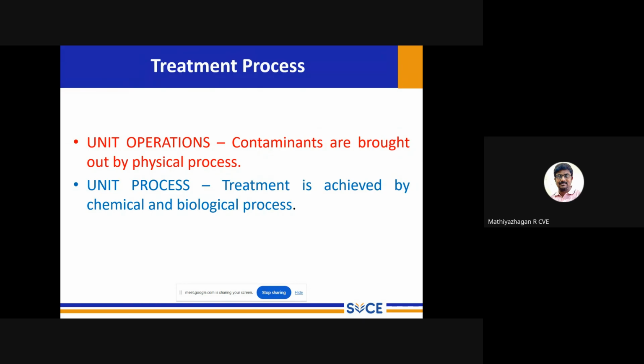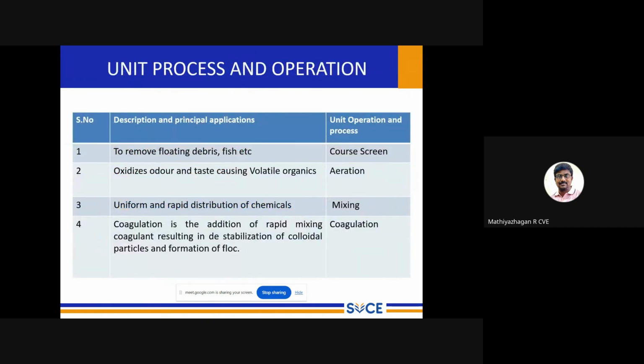In the other way, if we use any chemical or biological treatment to remove the contaminants, yes, those treatment units are called unit processes. So mostly the conventional treatments are based on unit operations, like screening, sedimentation, filtration. But coagulation, flocculation, disinfection come under the unit processes.